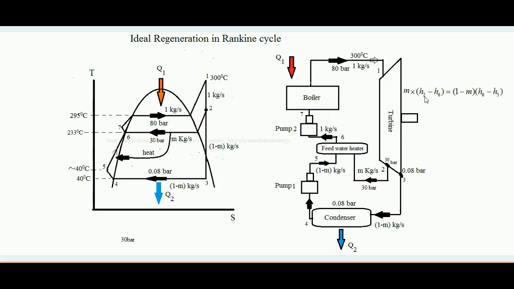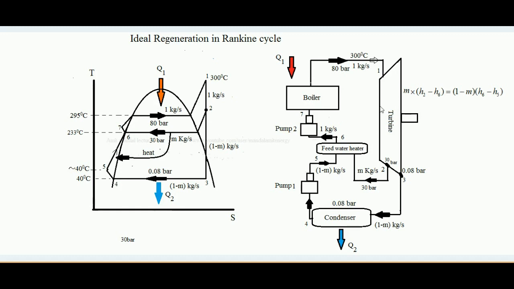So (1 minus m) into (H6 minus H5) is the energy consumed between points 5 and 6, and the energy liberated by condensation of the steam bleed between points 2 and 6 is (H2 minus H6) into m. So these will be equal. This is the energy balance: energy liberated by the steam bleed is the energy absorbed by the liquid water.